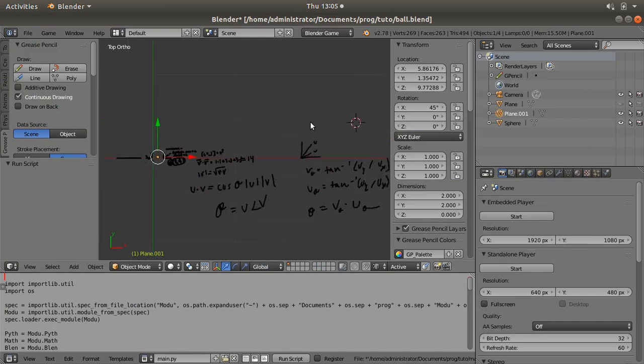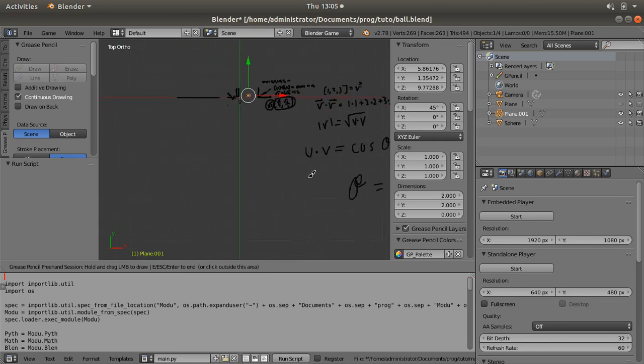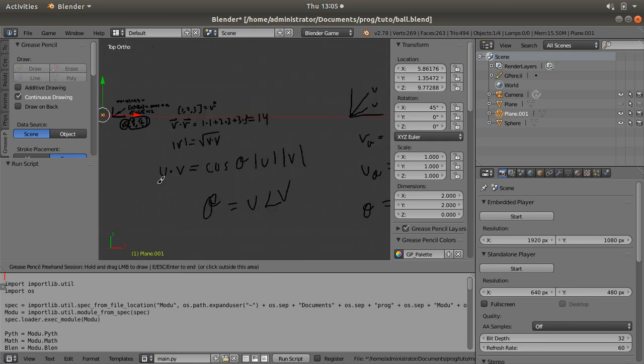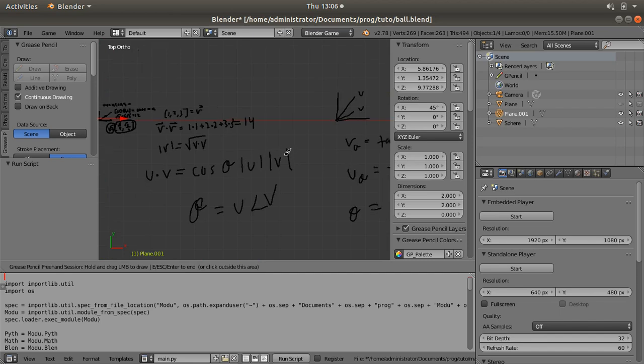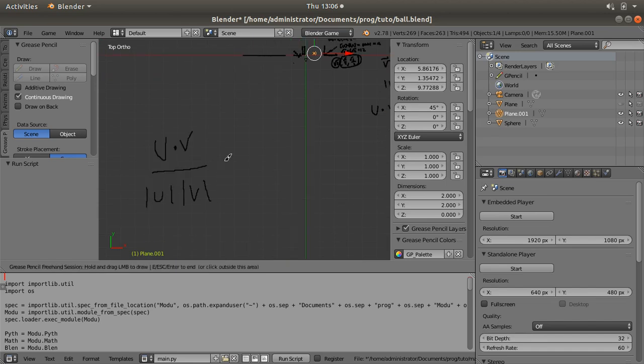So one thing that you can arrive at with this formula is you could solve for theta, if vectors u and v are known. I'll divide these, bring them over here, so you get u dot v over mag of u times mag of v is equal to cosine theta.